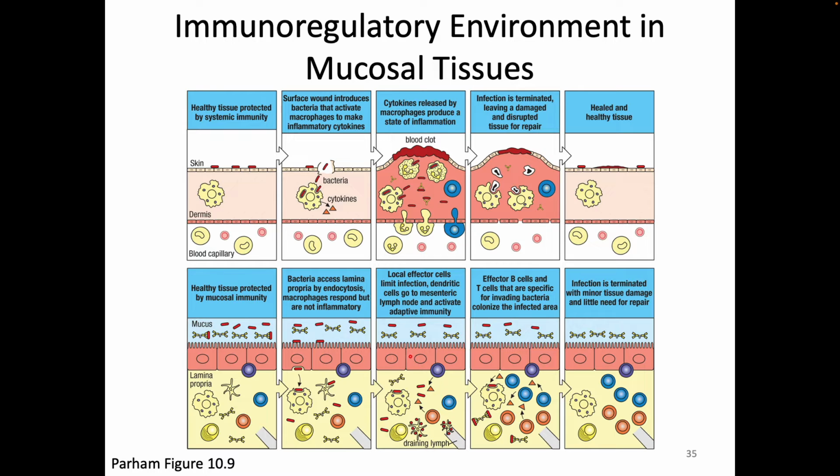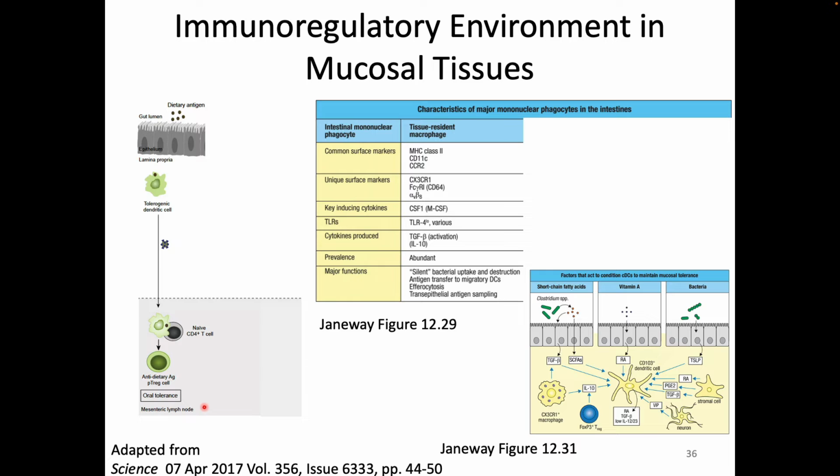What that means is that those innate immune cells, like this macrophage that we see in the mucosal immune tissue, like the GI tract, is going to make responses that are not really inflammatory responses, that are instead responses that might lead towards more Tregs and other kind of suppressive types of responses.